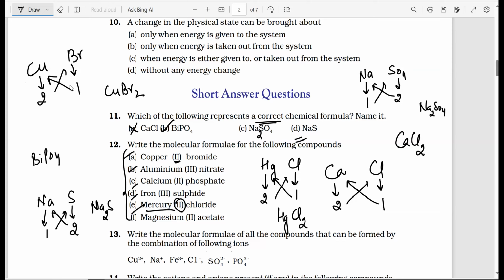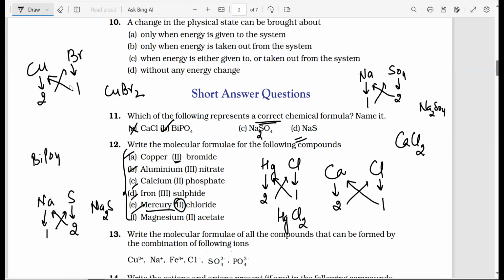Okay, tell me the formula of calcium phosphate. Calcium is Ca. Yes, calcium is Ca. And phosphate. Sir, is it CaPO4?